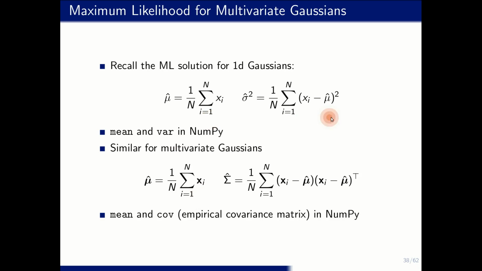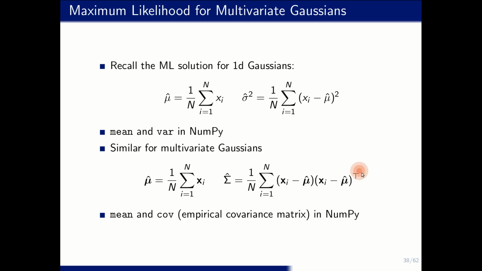And for the variance, instead of computing variances, we need to compute the empirical covariance. This is given by the function cov in NumPy, and it is given by the vector x_i minus the maximum likelihood solution mu hat, times x_i minus mu hat transposed.